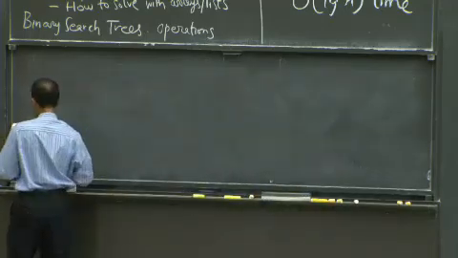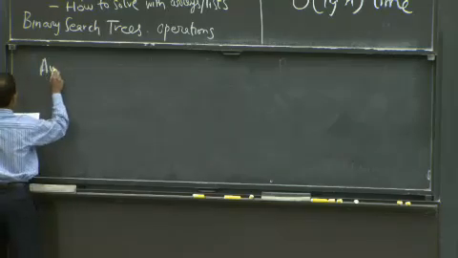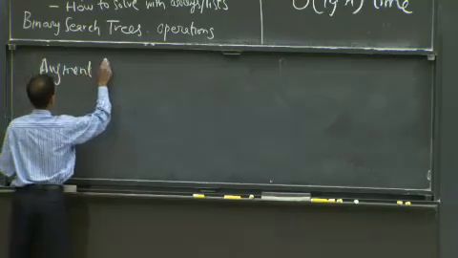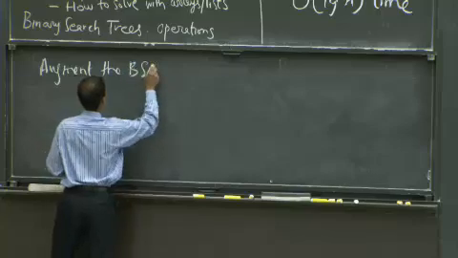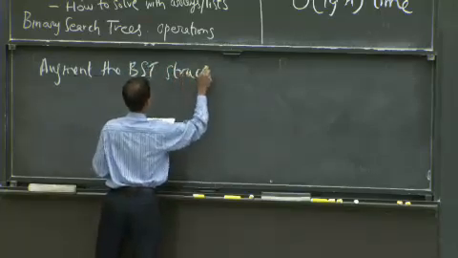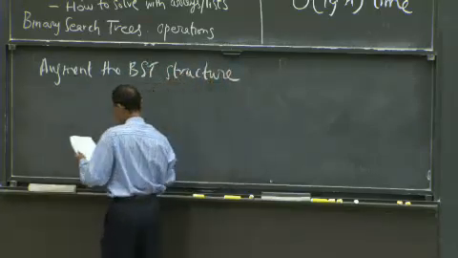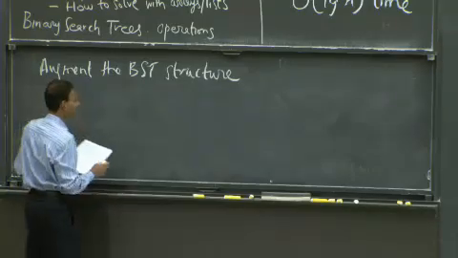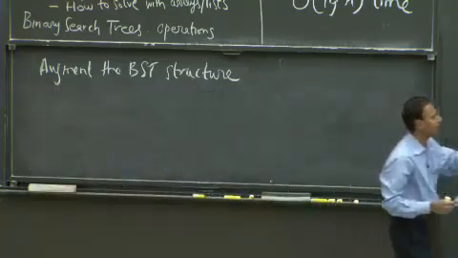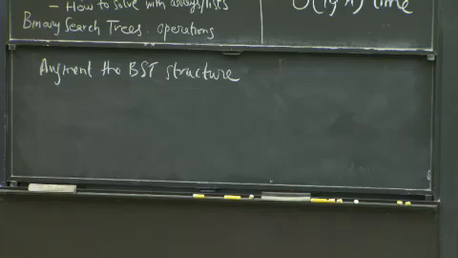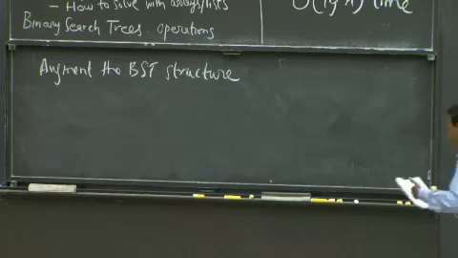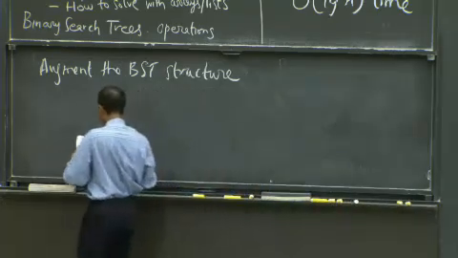What we're going to do is augment the BST structure, and we're going to add one little number associated with each node that looks at the number of nodes below it.